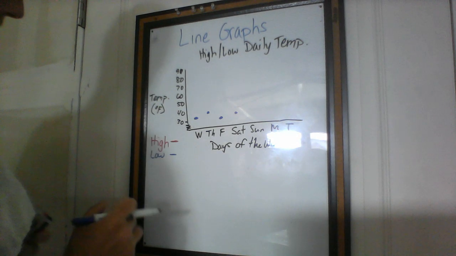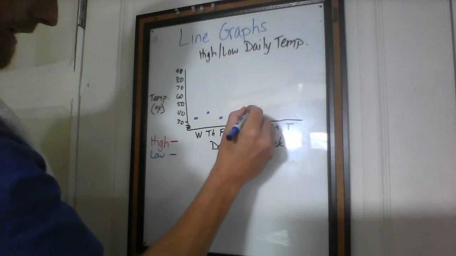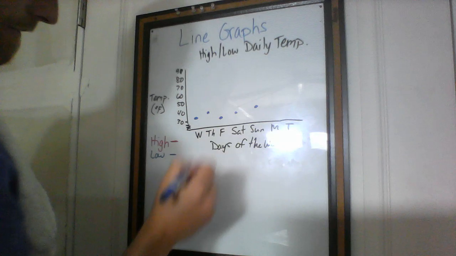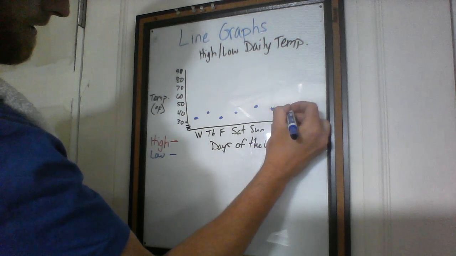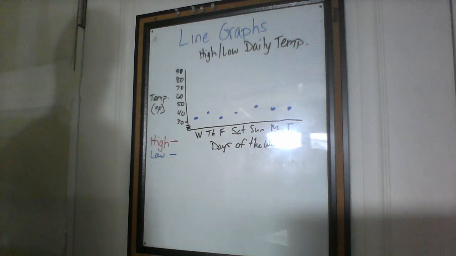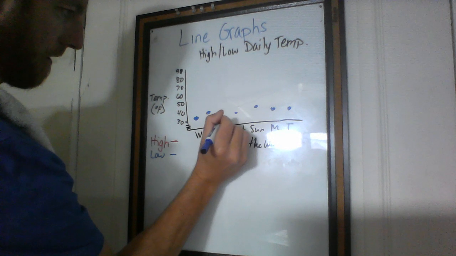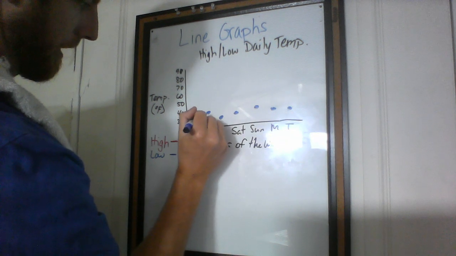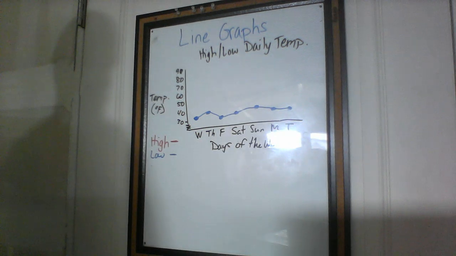Those numbers need to be spaced a little bit better. Then we get a little bit warmer night, up a little bit above 40. Monday drops down, and then stays about even. So there are our temperatures for our lows. And then again, connect those dots so we can see what it looks like.